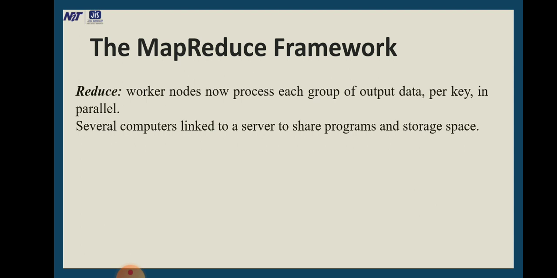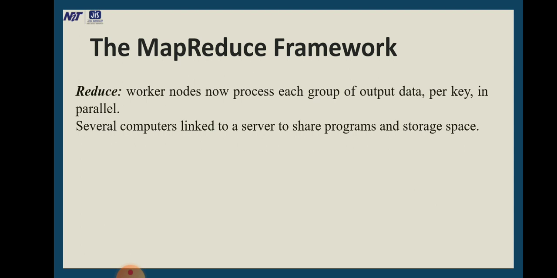Another way to look at MapReduce is as a 5-step parallel and distributed computation. First step is prepare the map input. The MapReduce system designates map processors, assigns the input key K1 that each processor would work on, and provides that processor with all the input data associated with that key.